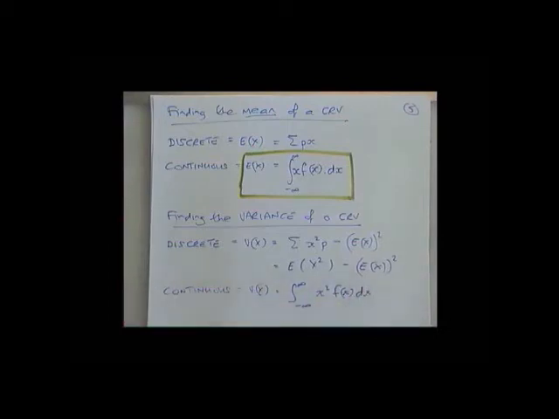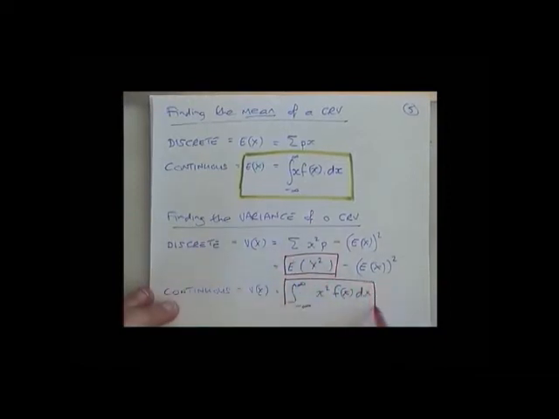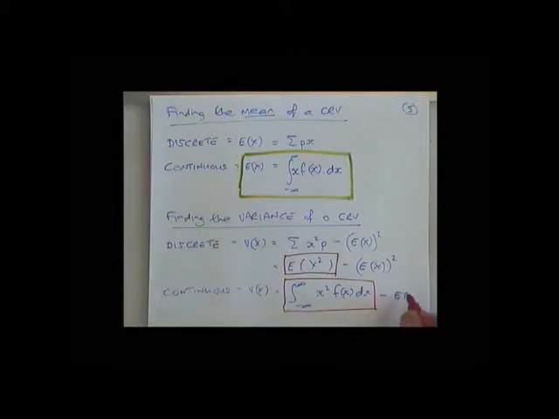Minus. Okay, so that bit there is this bit here. And then we still take off the mean squared. And we know how to work out the mean because that's in this box up here.